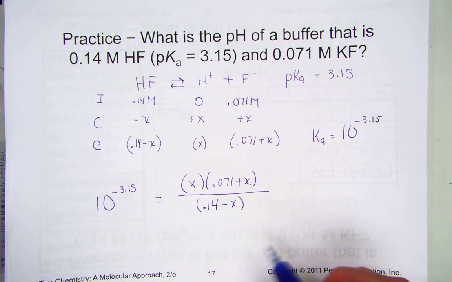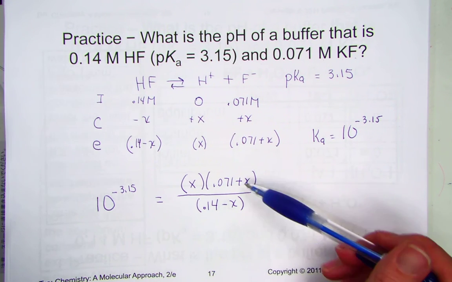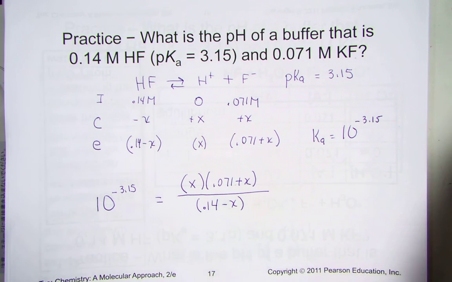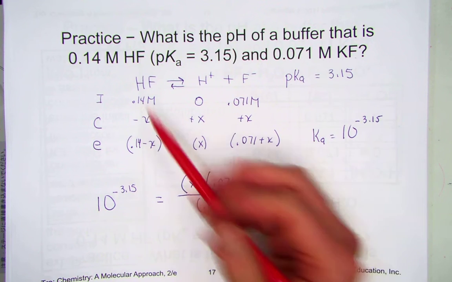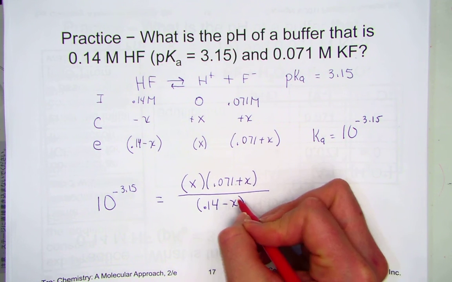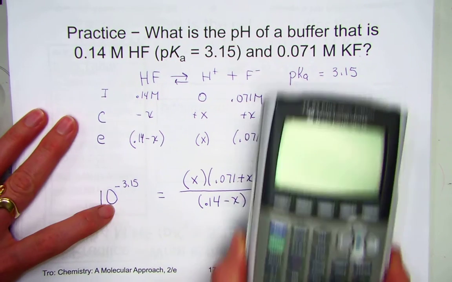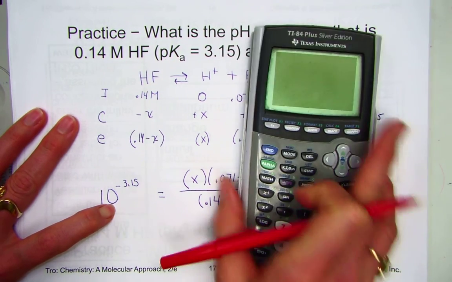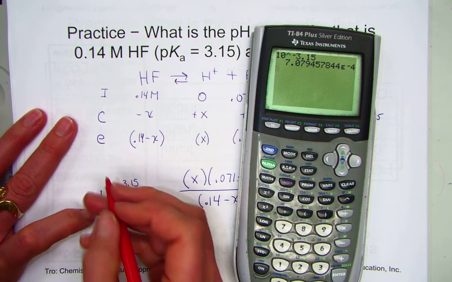We can assume, and it's always wise to just do this once and then check, if we are obeying the 5% rule and the X comes out 5% less than 0.14, the original amount of the acid, we can toss these out. So it's always worth trying that. So let's take a look, simplify some things first. 10 raised to the negative 3.15 is how I turn pKa into Ka.